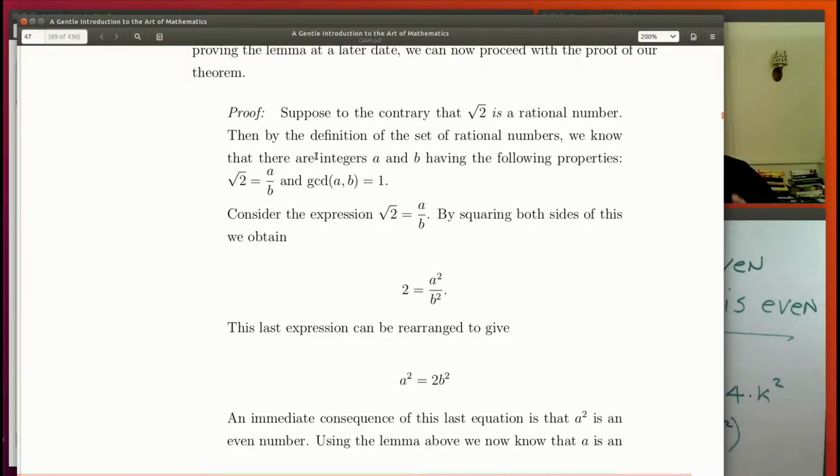Let me reiterate how a proof by contradiction, or reductio ad absurdum, works. You start out by supposing the contrary of what you truly believe, what you hope to prove. So we think root 2 is actually not a rational number, so we're going to argue by assuming that it is.